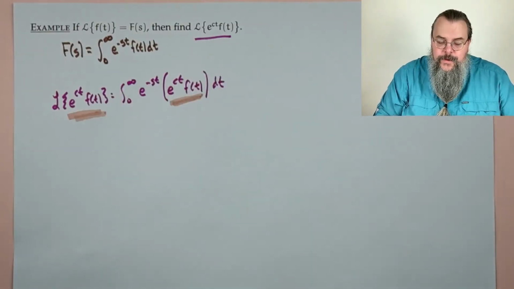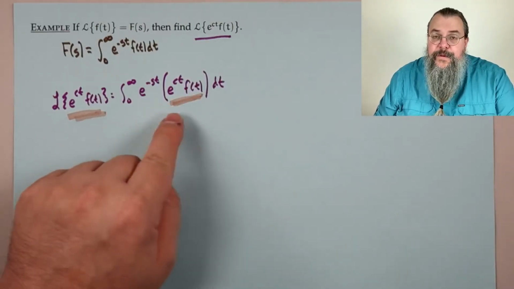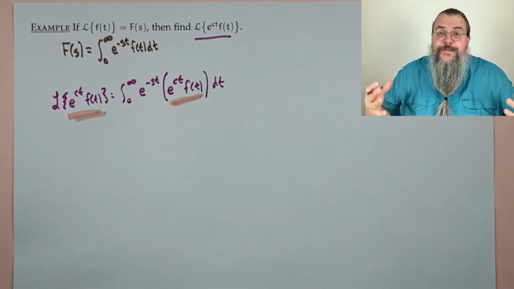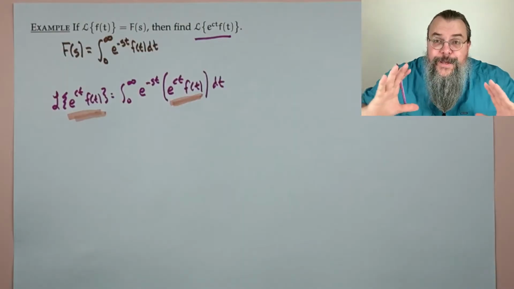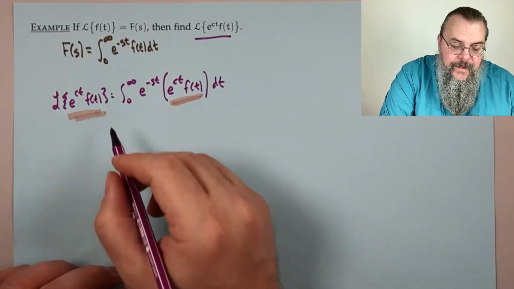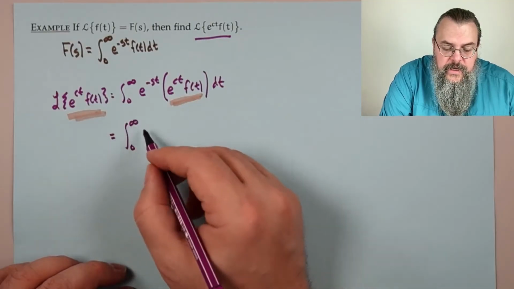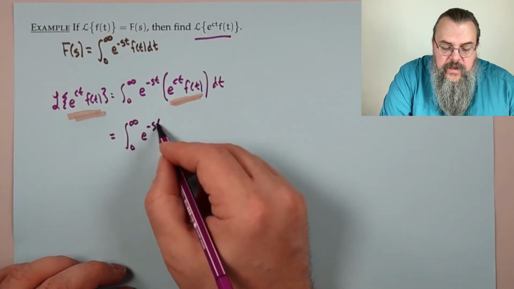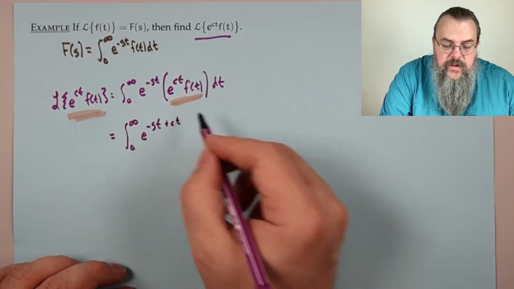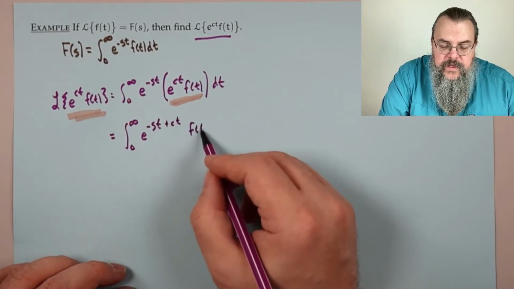All right. Well, now we'll just channel what we did in our last rule. Say, hey, we have these two exponential functions. We love exponential functions. We know how to work with them. Let's put them together. And we say, all right, well, if we do that, we'll have the integral from 0 to infinity of e to the minus st plus ct f of t dt.